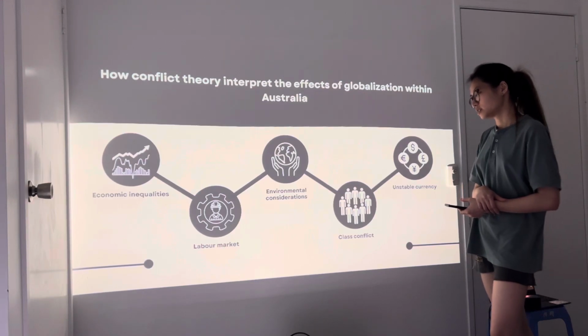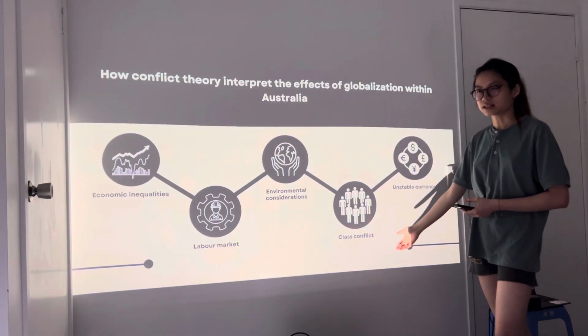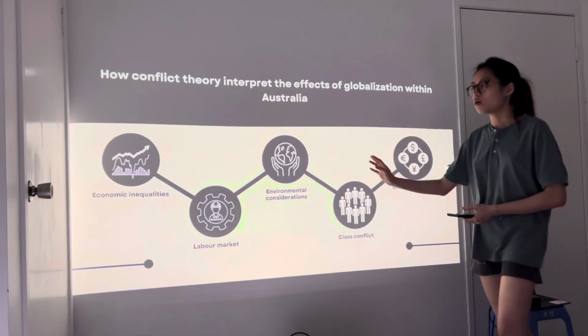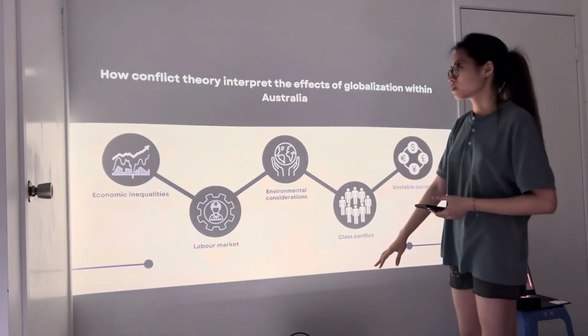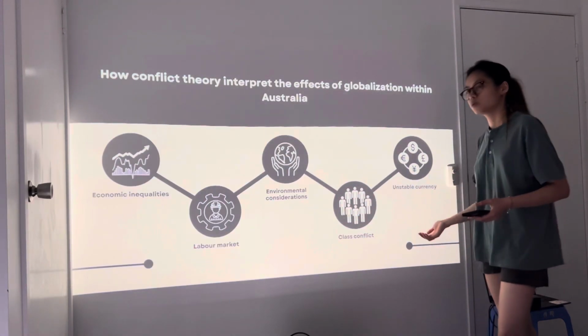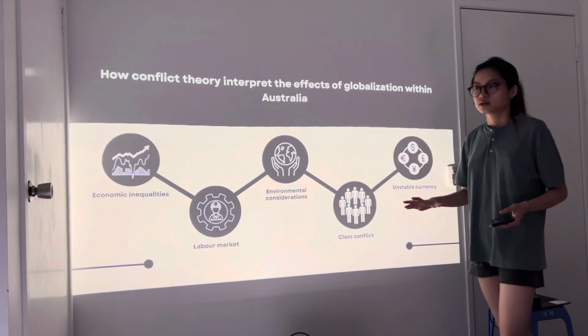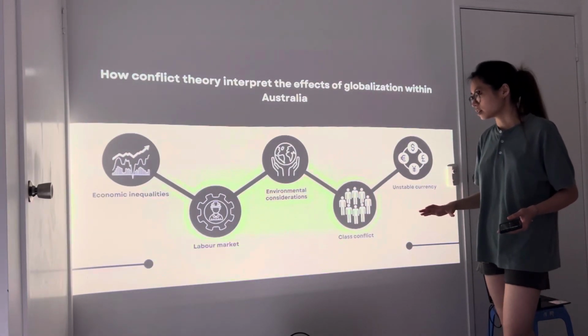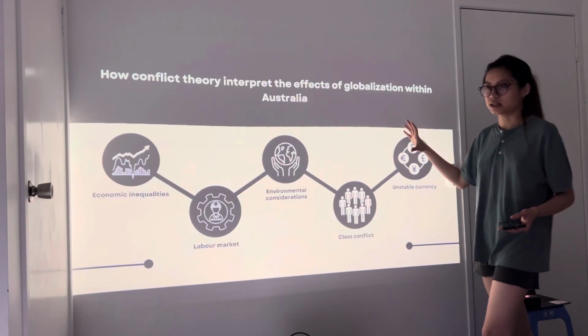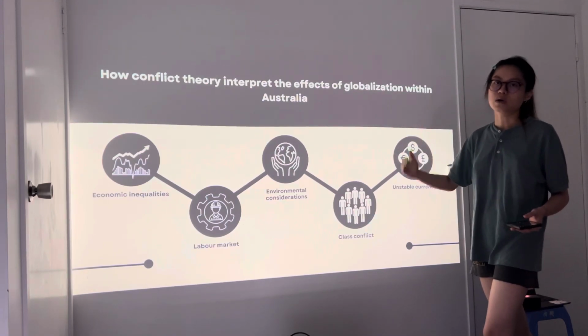Conflict theory specifically focuses on class conflict, because with all of these changes, especially economic inequality and the labor market, it will significantly grow the gap between the wealthy and the lower class.